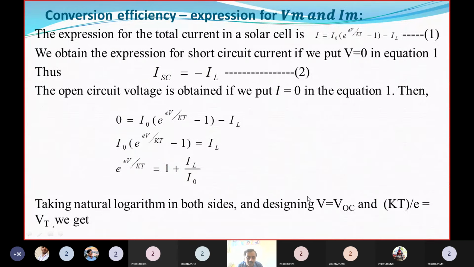Now we take the logarithm on both sides, so the exponential gets cancelled.